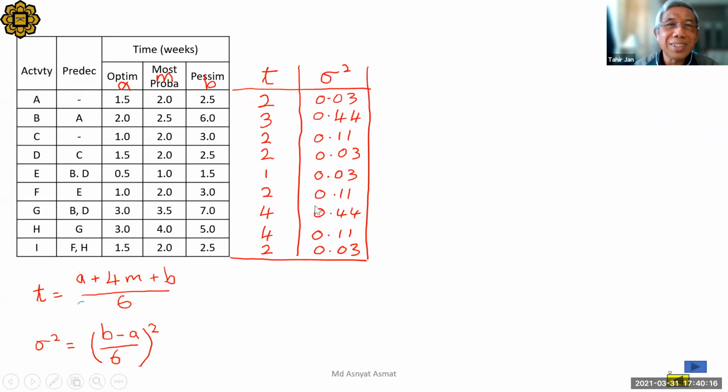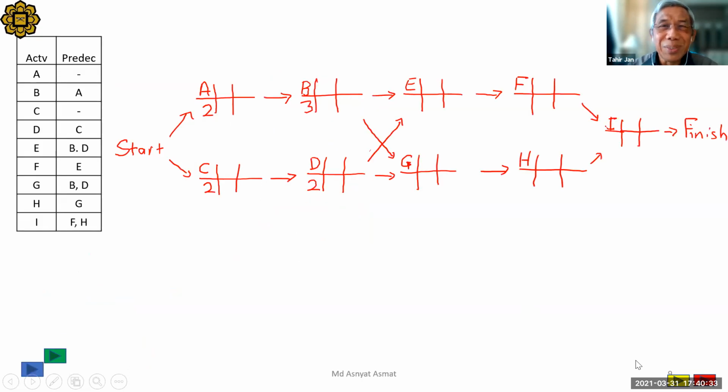Now the next ones, E, F, G, H, I: 1, 2, 4, 4, 2. Make sure the sequence is right.